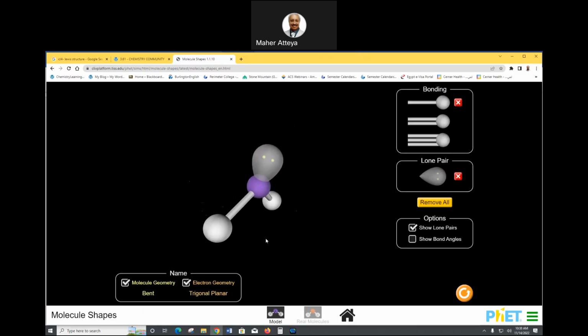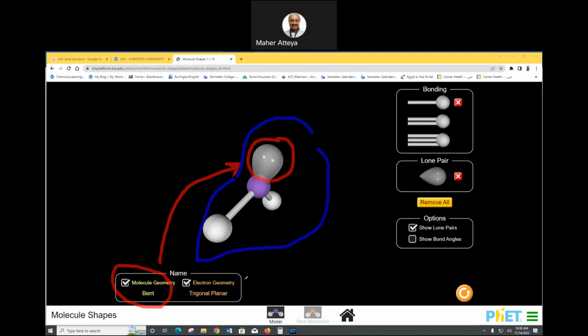No. If I take this lone pair out of consideration, then this will be bent. If I take the whole molecule as is, then I speak about trigonal planar. You get the idea?